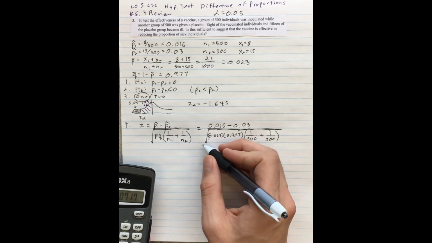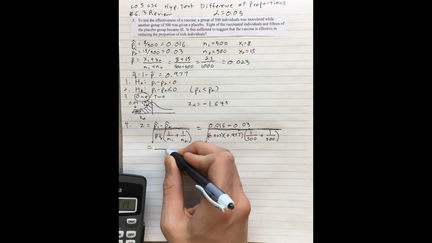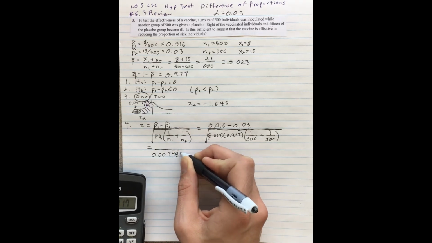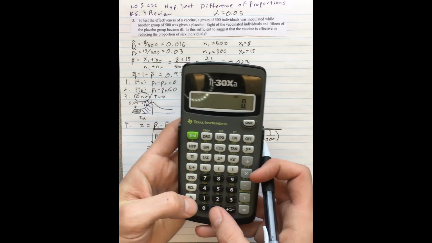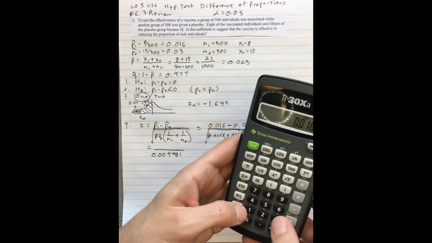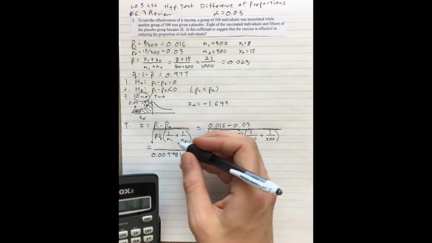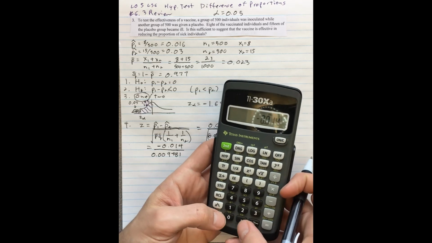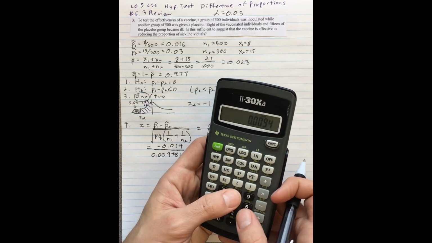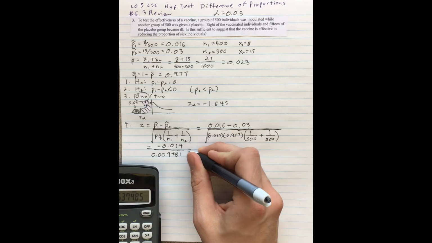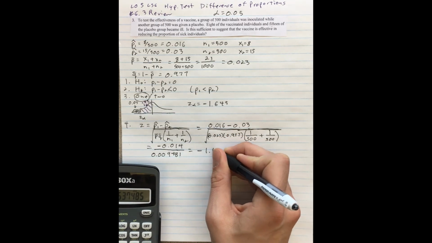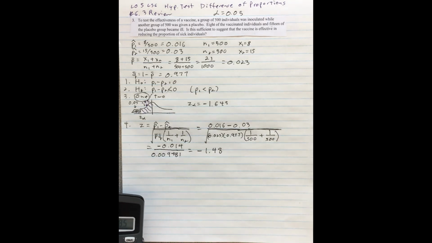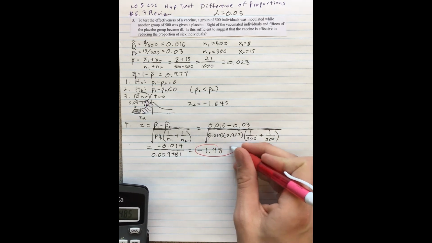So I get 0.009481 on the bottom, and on the top 0.016 minus 0.03, so I have negative 0.014 on the top, and we divide that by 0.009481. What do we get? We get that this is equal to negative 1.48. So unfortunately, negative 1.48 is actually not less than the value that we're looking for.